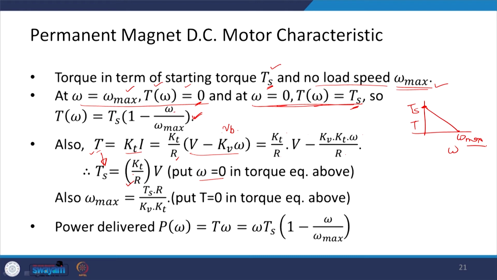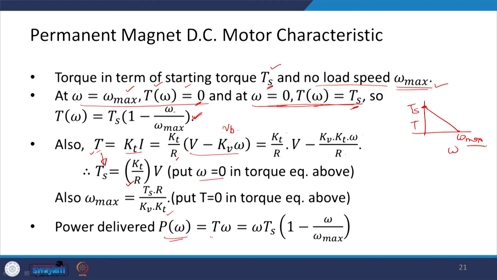Also, I can get the maximum value of omega if I put T equal to 0 in this equation. Then the maximum value of omega is Ts into R by Kv Kt. So that I can get from here. Now we can talk about the power delivered.